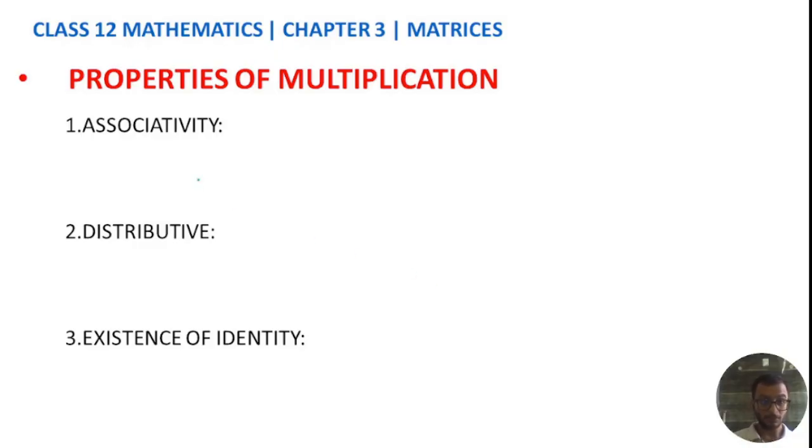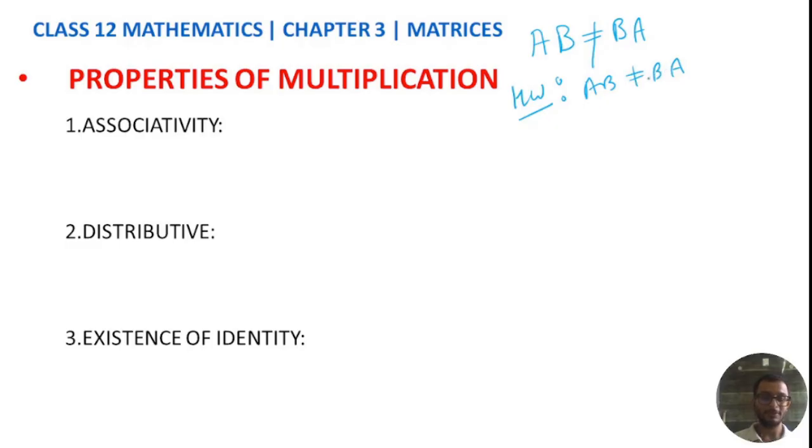First you will see that here there is no commutativity. That is, if you have two matrices, then you may not have AB equal to BA. AB is not equal to BA. Okay, so your homework is to find one simple example where AB is not equal to BA.